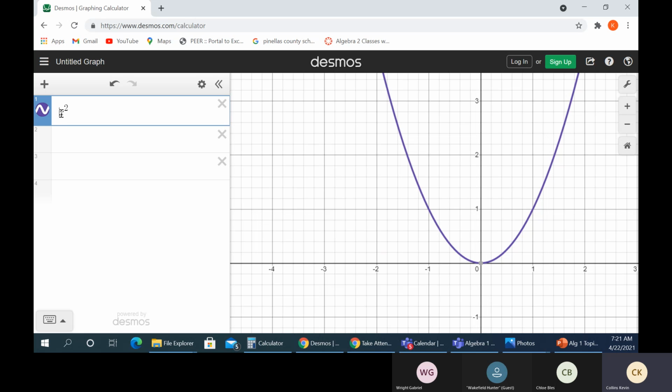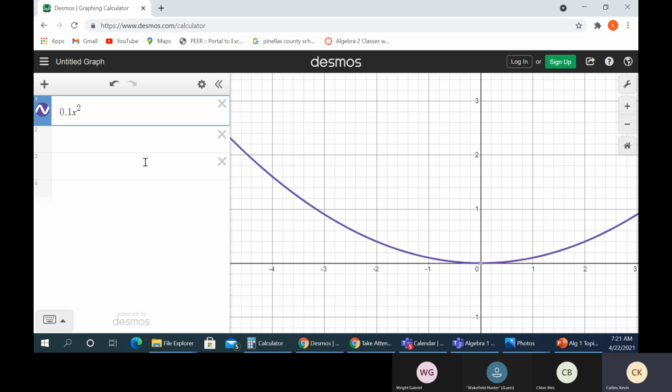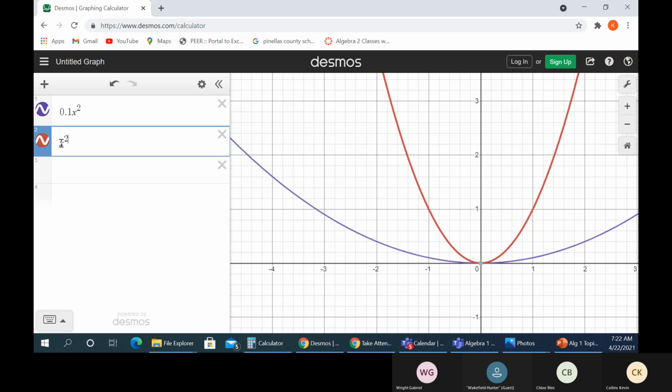So again, if we put a decimal number in front of that, like 0.1, our graph goes flat, right? Let's go ahead and put x squared here as a reference too. So you see how it flattened out.